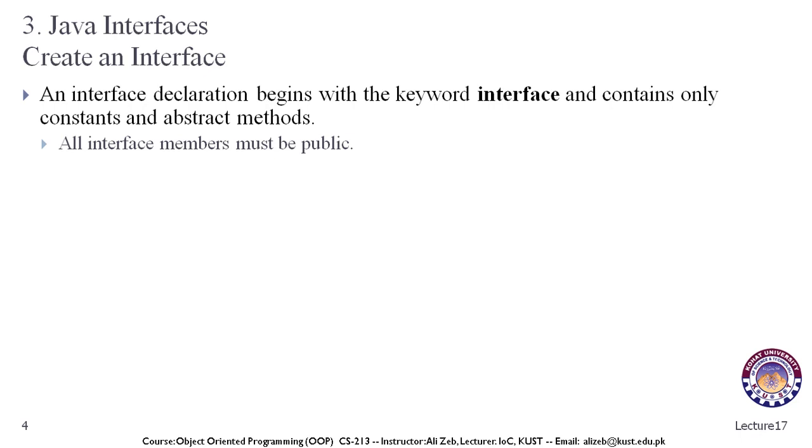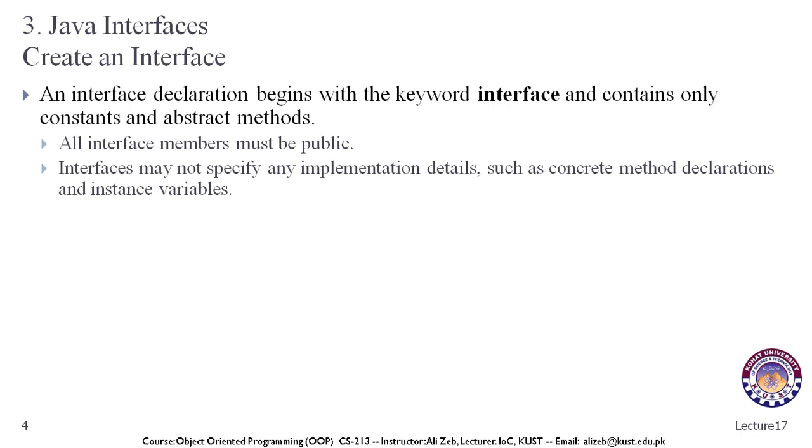We declare an interface using the keyword interface, and it contains only constants and abstract methods. We need to remember that all interface members must be public. All the variables or the fields and all the methods of an interface are public.